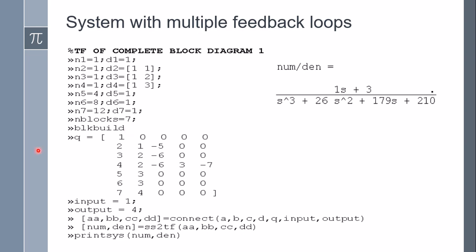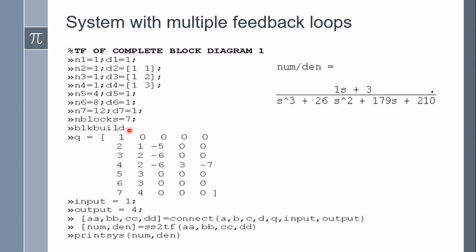From the first 7 lines I have given the inputs regarding the system. In the 8th line I have given how many blocks are available, and I called the blkbuild function.